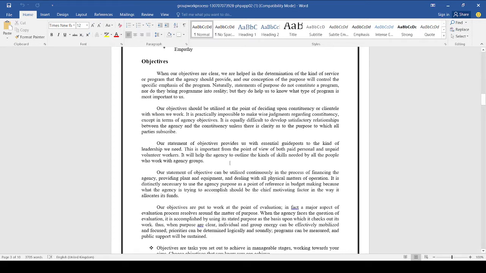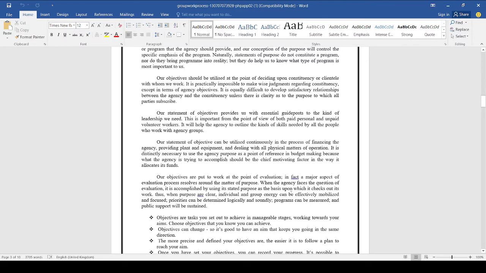That type of equipment should be provided by the social group work agency. All the operative matters are according to the objectives of the social group work practice. Agency's purpose is very important. That's why I said the agency's purpose is very important. It is a chief motivating factor.